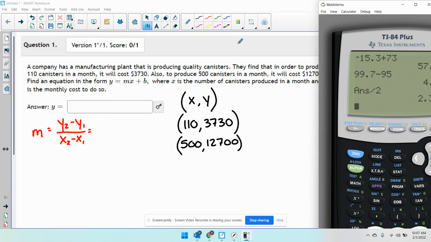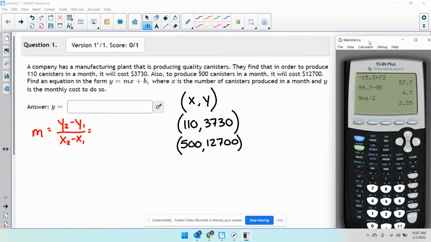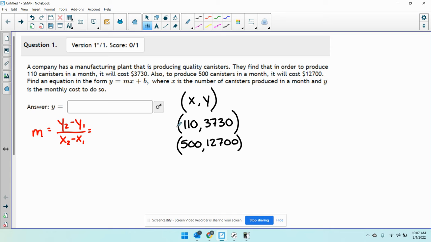So the first thing I need is to find the slope. Let me shrink this a little bit. So I'm going to do 12,700 minus 3,730 over 500 minus 110.